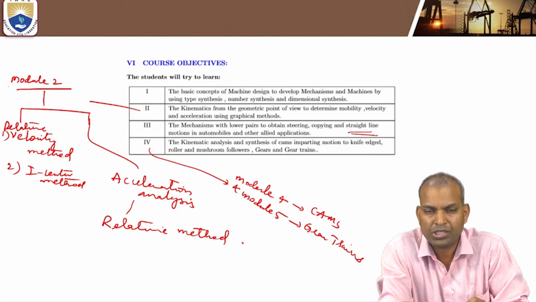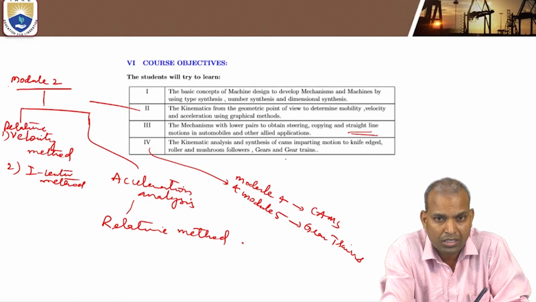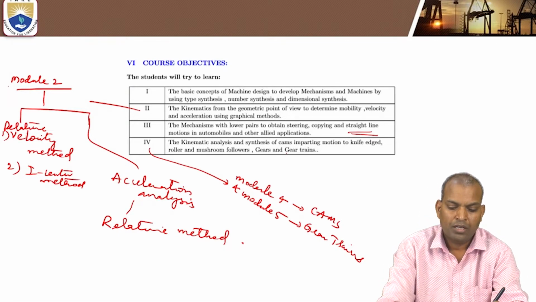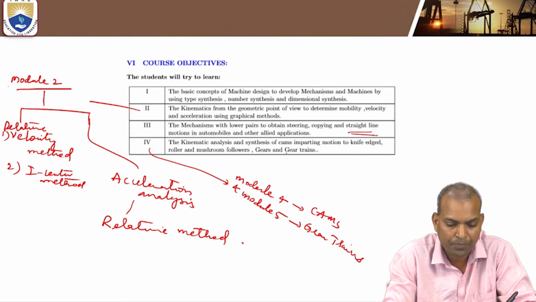The types of motions are uniform velocity, simple harmonic, and uniform acceleration and retardation. The types of followers are knife edge follower, roller follower, and flat faced follower. We also study different types of cams, tangential cam or circular arc cam. We do the synthesis part also.